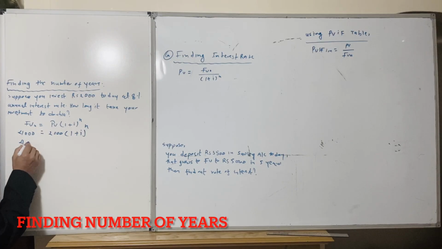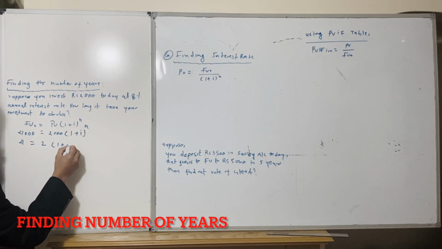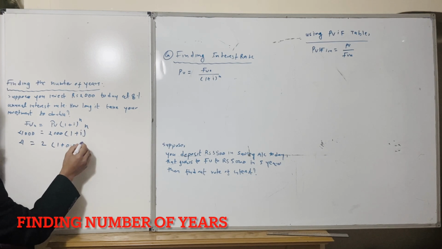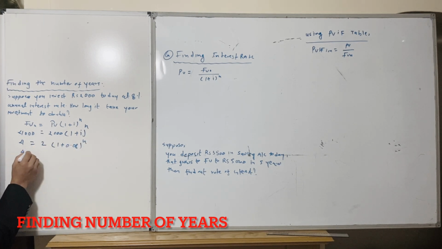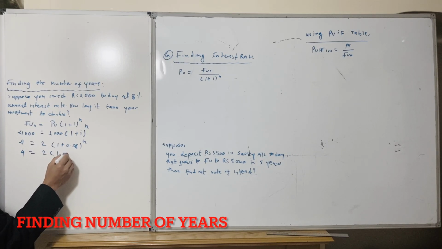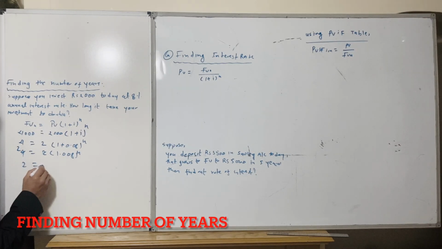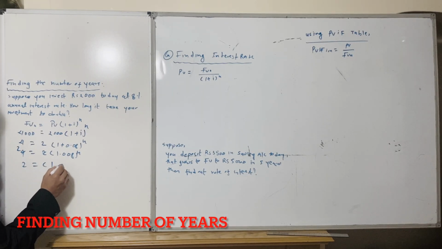So we get 4000 = 2000 (1 + i)^n, where the rate of interest is 0.08. So 4 is equal to 2, (1.08)^n.